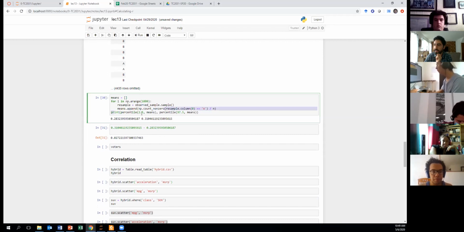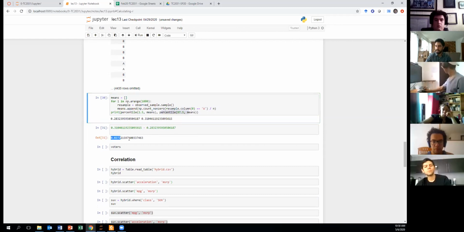I'm calculating the percentiles: the lowest 2.5% on this side and the highest 2.5% on this side. If I take the difference, this is the width of my 95% confidence interval.